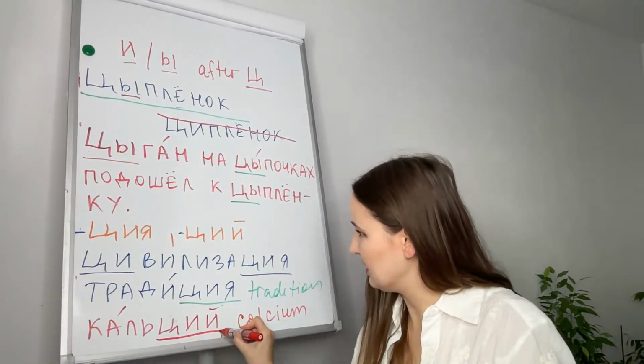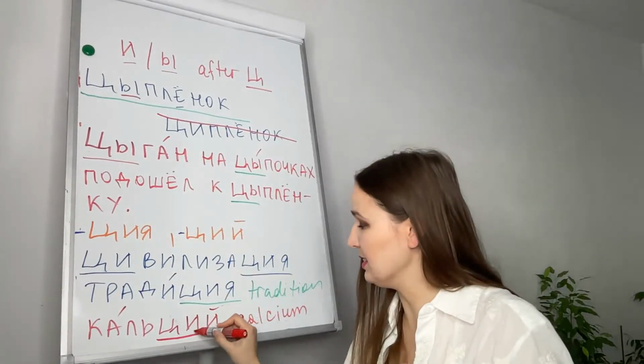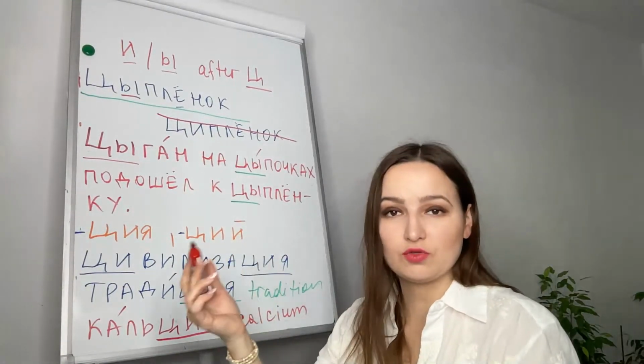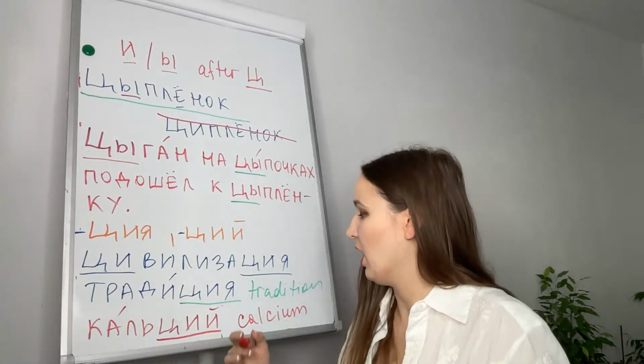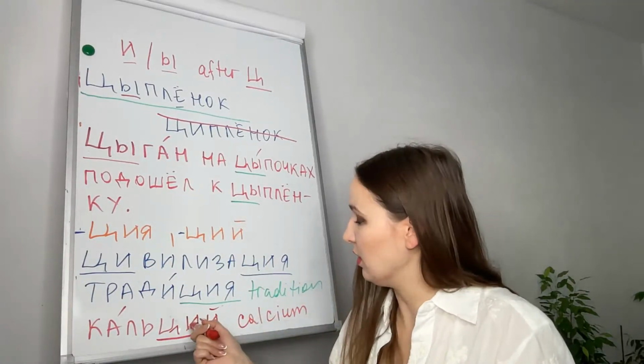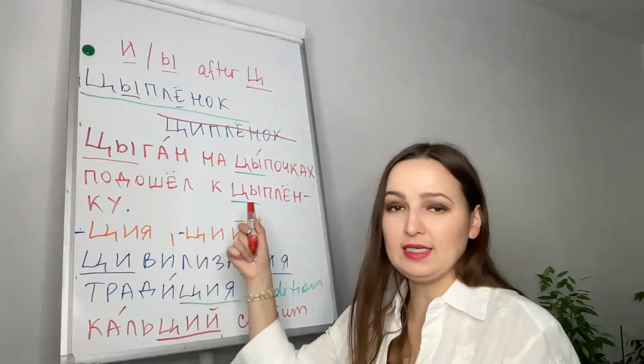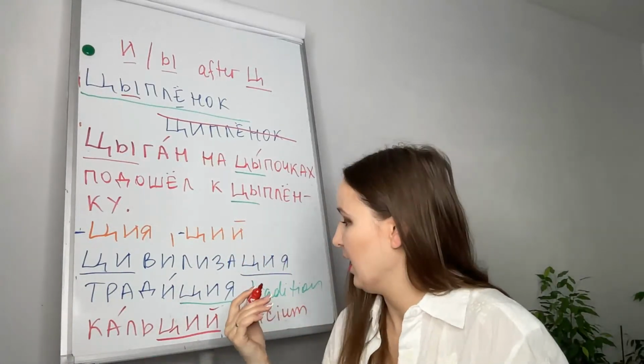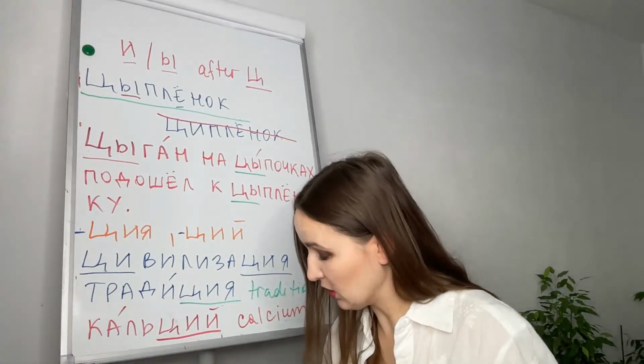So the ending here is -ций. And in this ending, although according to the rule in the endings of adjectives and nouns we have to write «ы», we will write «и» here because the ending is -ций. Кальций is calcium.